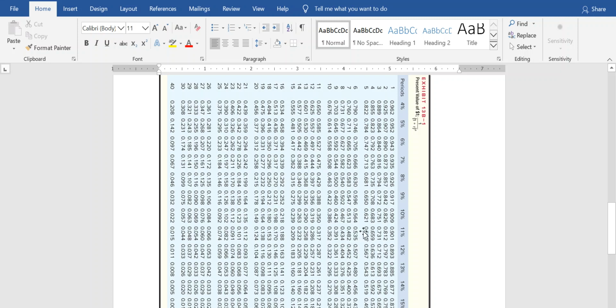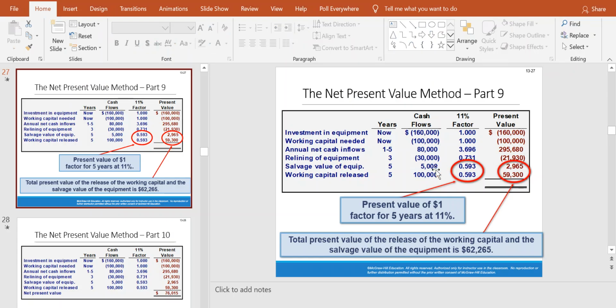And when we do that, we have a present value factor of 0.593. So we use that to calculate the present value of the $5,000 in salvage value and the release of working capital at that time. So at 5 years, we will release $100,000 in working capital.